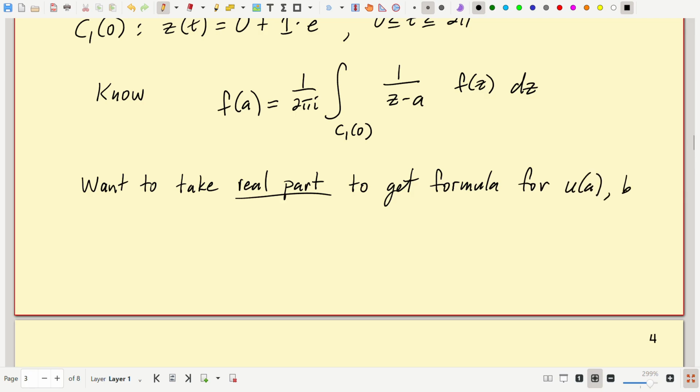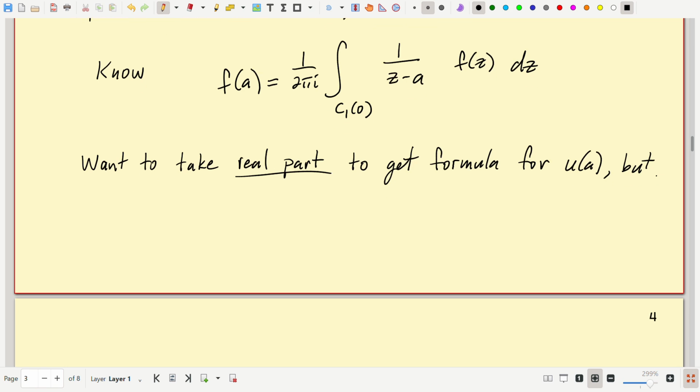But it's a mess, and in fact, if I wrote it all out in terms of u's and v's, it'd be a jumbled up mess involving both u and v, which is kind of a bummer. And so it's not a pretty formula to look at.